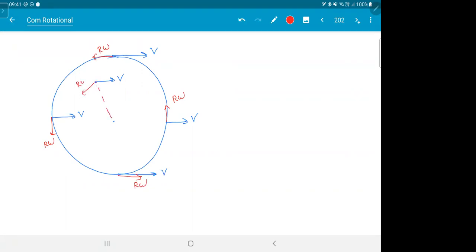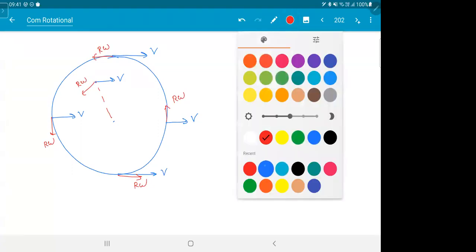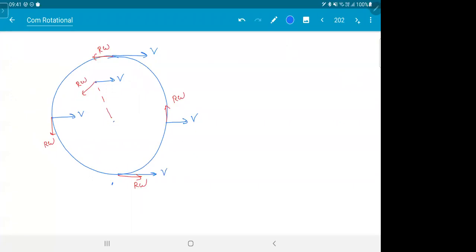Clear? So A, B, C, D. What is the velocity of A? V plus r omega I cap. But what is r omega? Omega is 2V by r, so r omega is 2V. So 3V I cap. Check your answers.